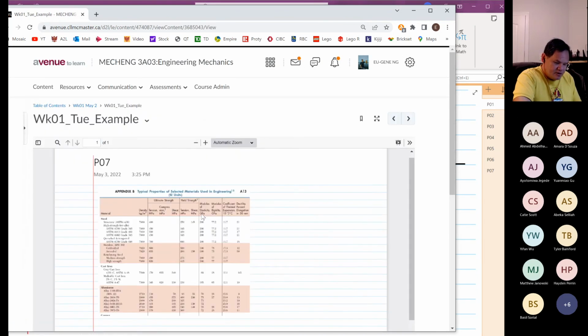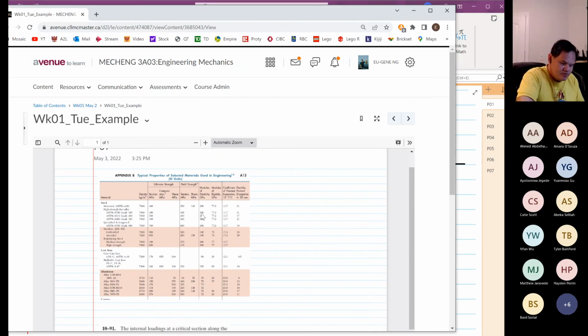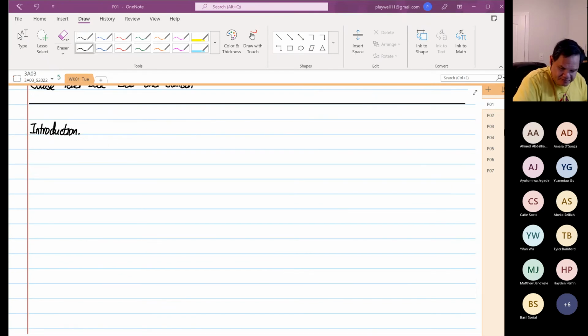This is the example I'll be using for today. Likewise, you do the same before you attend class. So let's look at the table that I have posted.